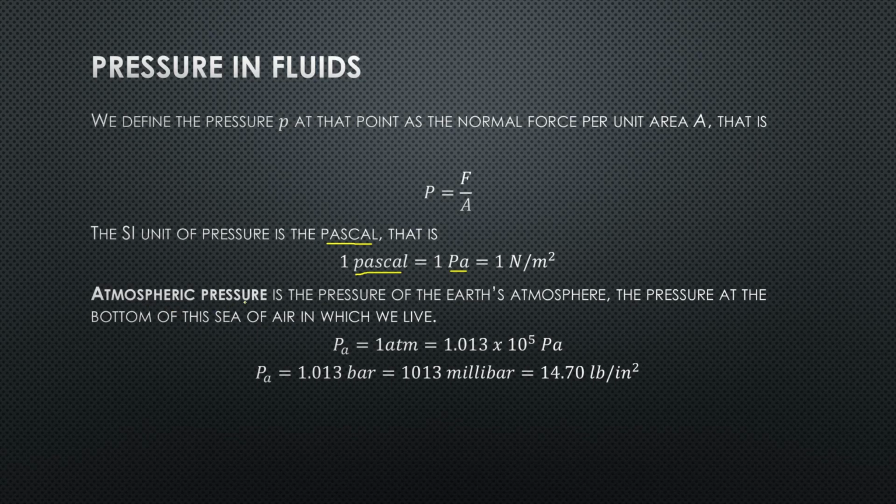So atmospheric pressure is the pressure of the Earth's atmosphere. This is the pressure at the bottom of the sea of air in which we live. Atmospheric pressure at sea level: 1 atmosphere is equivalent to 1.013 times 10 to the 5th power Pascal.